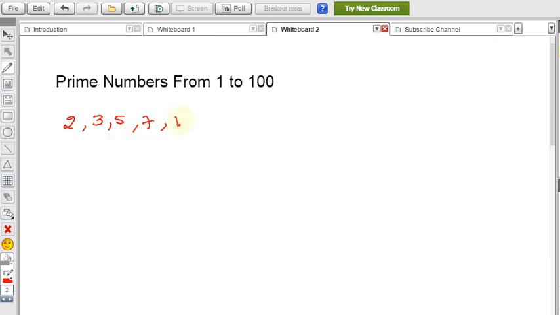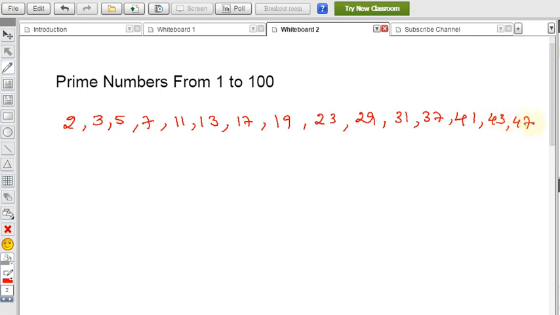And 11, 13, 17, 19. If you observe, there are no factors except 1 and themselves. Then 23, 29, 31, 37, 41, 43, then 47.